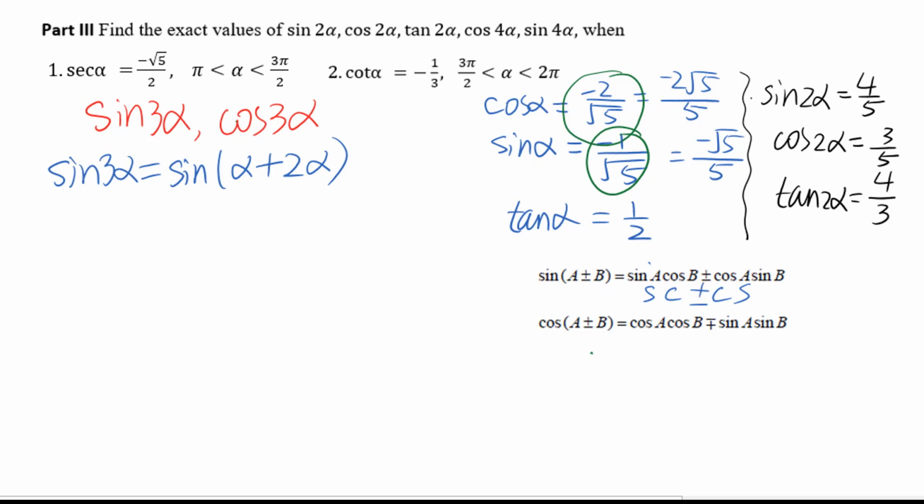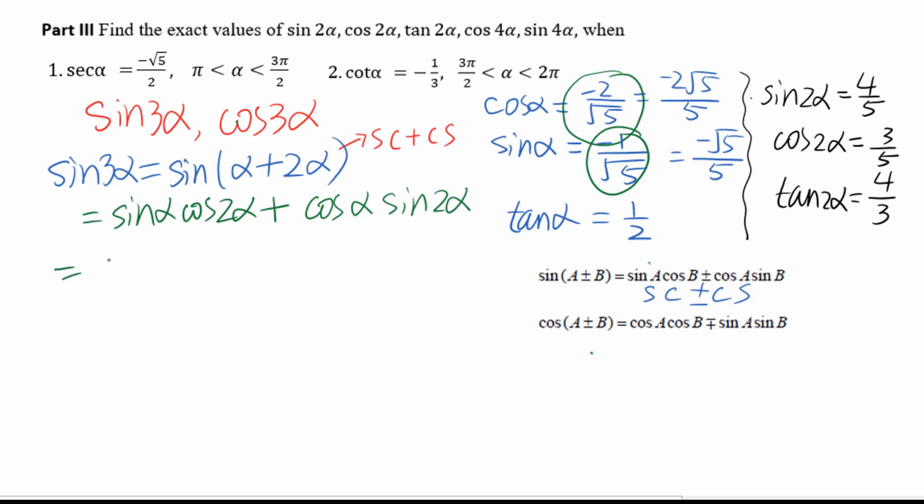The sign will be the same. So for this sine of alpha plus 2 alpha, I will use SC plus CS, which means sine alpha cosine 2 alpha plus cosine alpha sine 2 alpha.